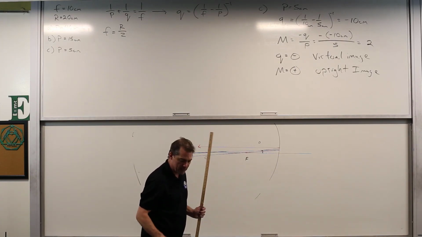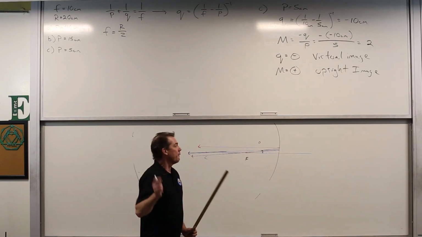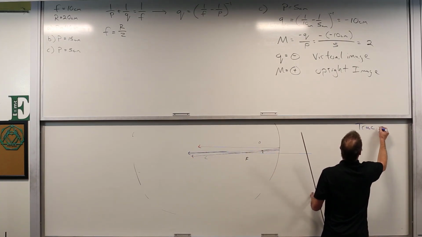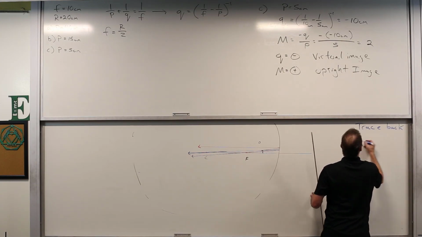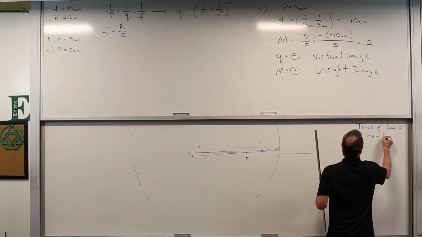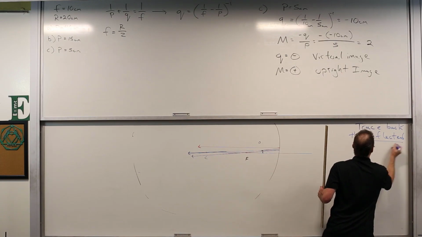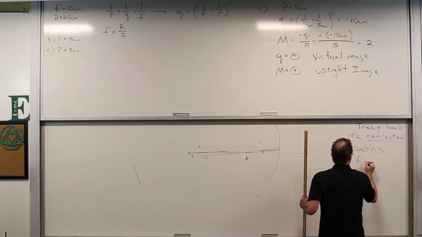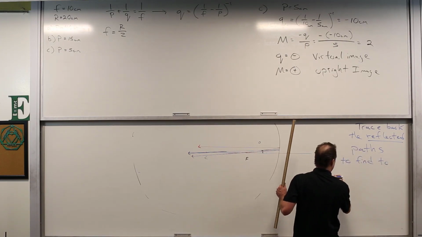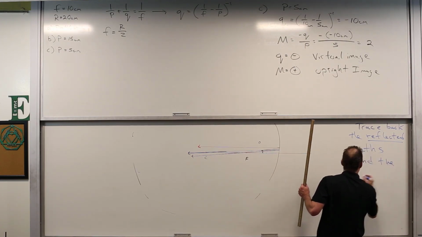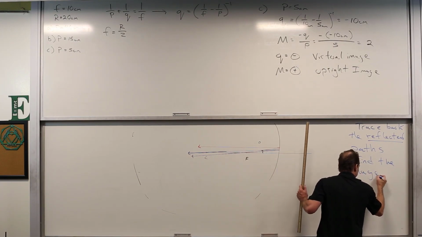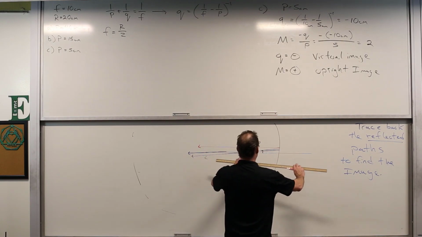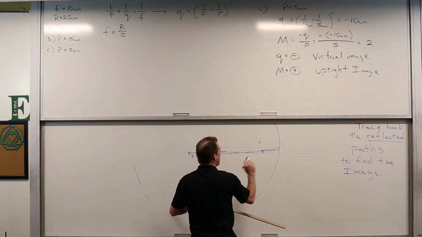So now trace back the reflected paths to find the image. All right, so I'm going to trace them back with their original colors here.